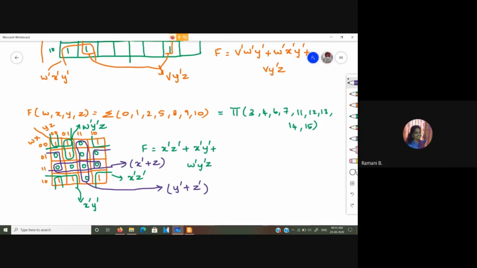For this particular group, we have W bar plus X bar because W and X is equal to 1. So in case of product of sums, you have the expression to be Y bar plus Z bar dot X bar plus Z dot W bar plus X bar.